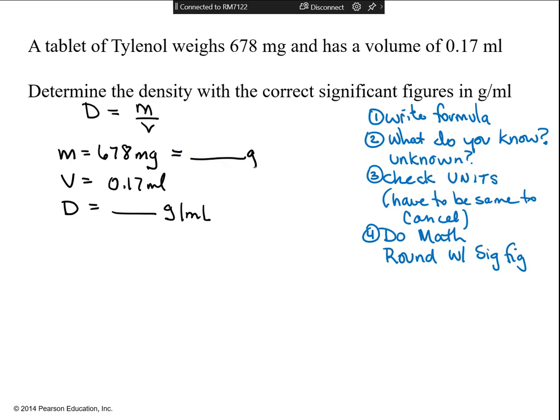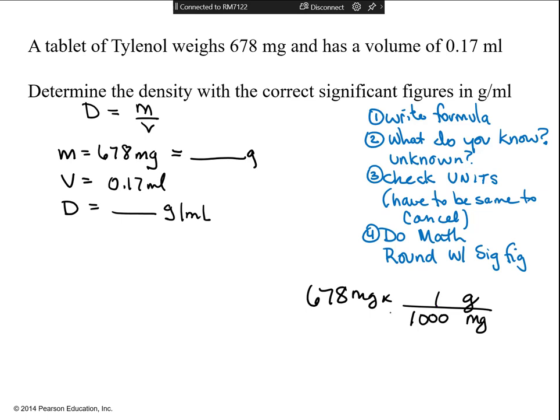So 678 milligrams times, in a line, what unit goes on the bottom? Milligrams on the bottom, and which unit on top? Grams. Milli gets a 1,000. Grams gets the 1. So check the units because you may have to convert one or the other, or sometimes even both, okay?